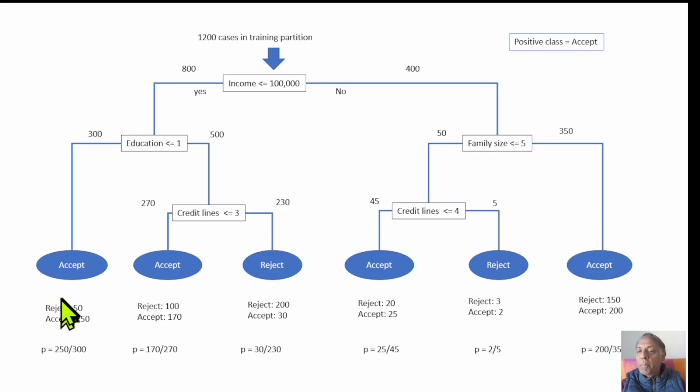So we make the probability, instead of just saying this case is in majority, so decide based on majority, we can just say the probability is so much. So for each of the nodes, we can lay down the probability based on the proportions of the two cases here, accept and reject.